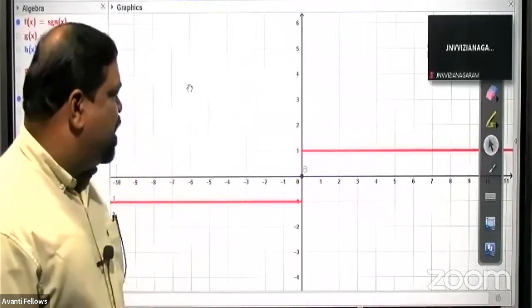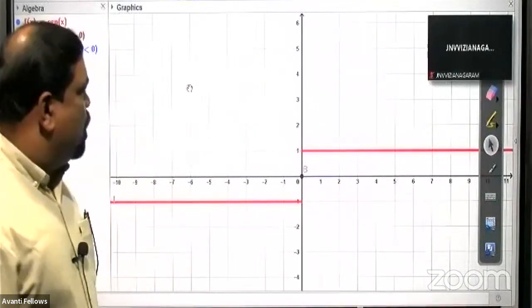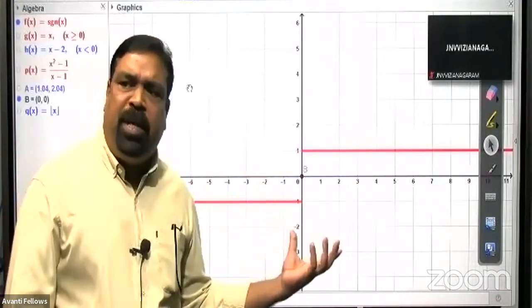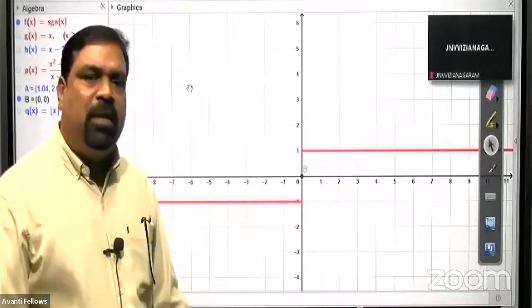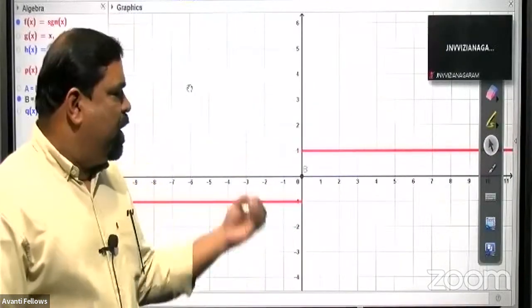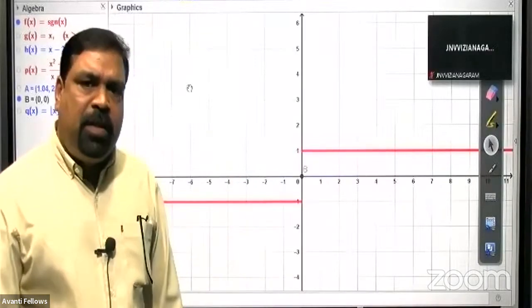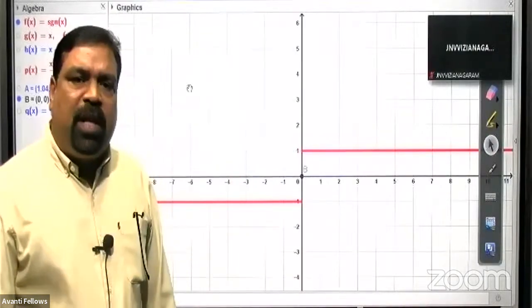I hope that the screen is visible to all of you. So this is a very, very standard function, very well-known function. You might have studied it in your 11th class. The graph is very familiar to all of you. So this is the graph of the Signum function, isn't it?